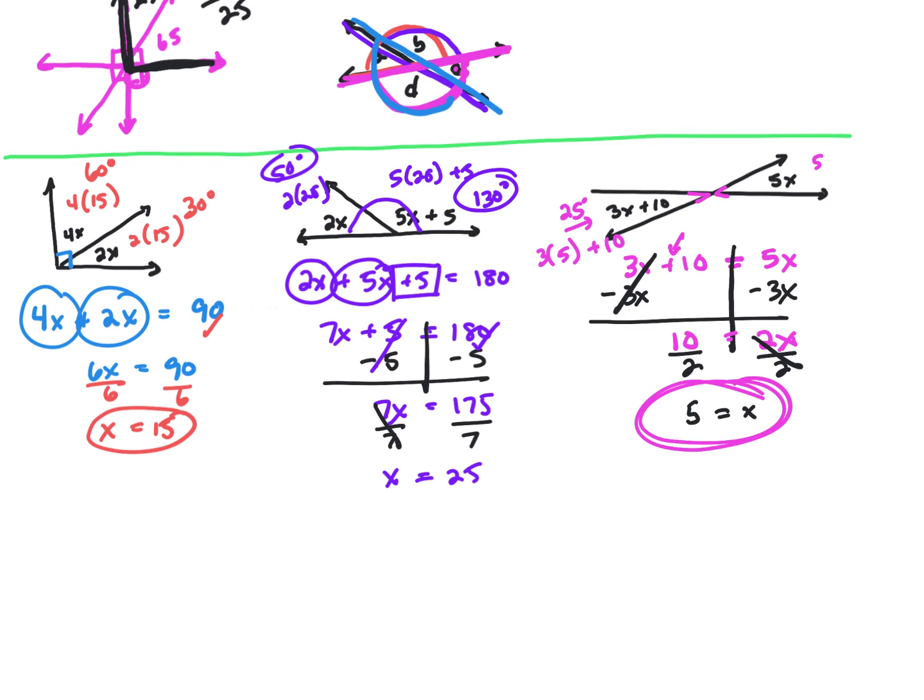If we substituted 5 for x, 5 times 5 is indeed 25 degrees. We could continue this and find out the other 2 angles, the obtuse angles, by subtracting 25 from 180, and we would get 155 degrees for both of these angles too.